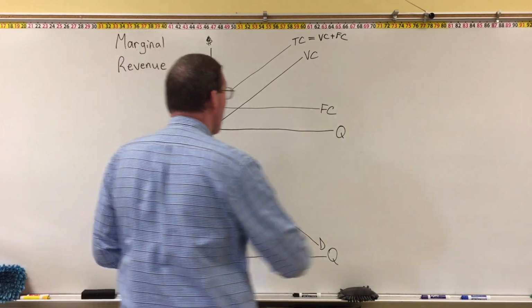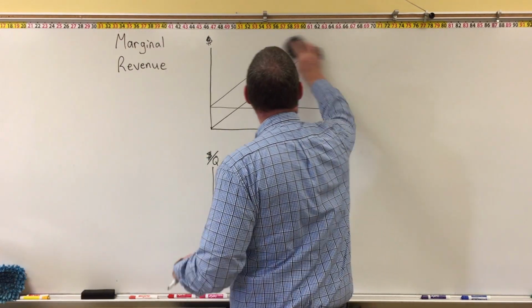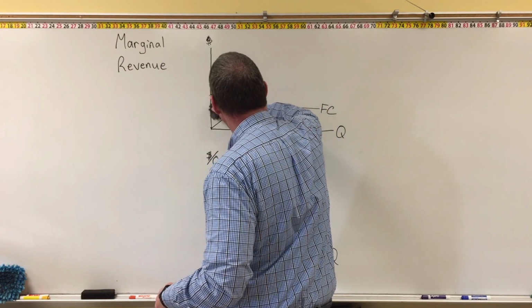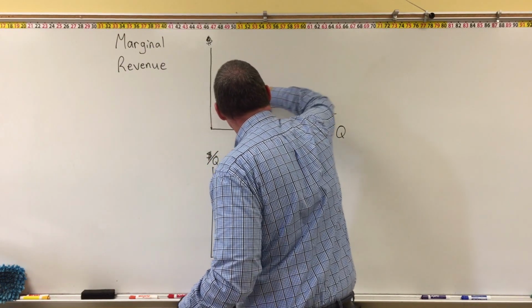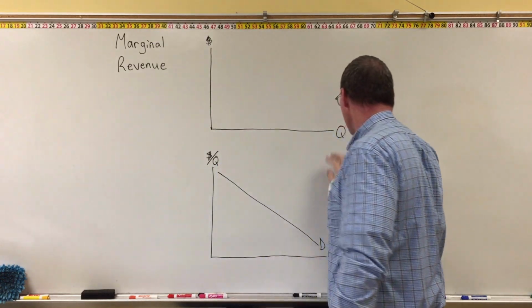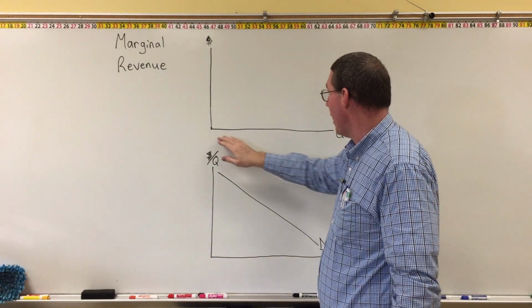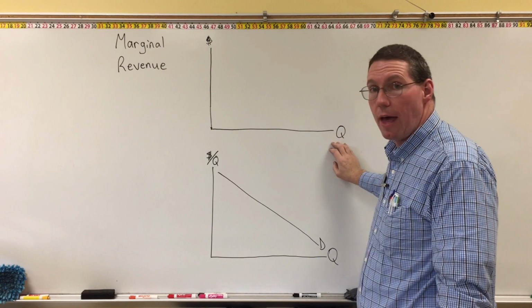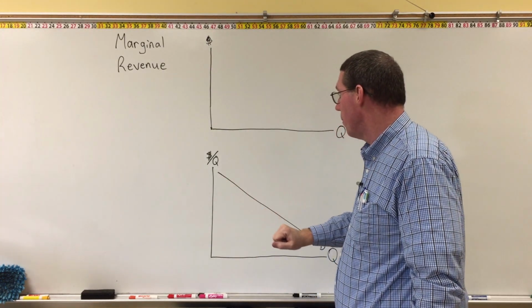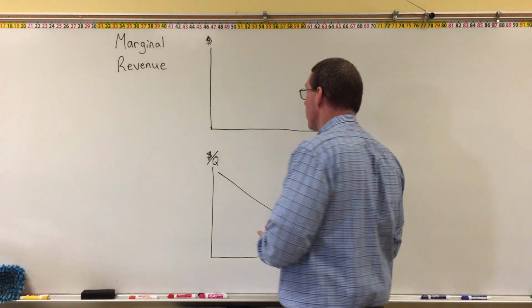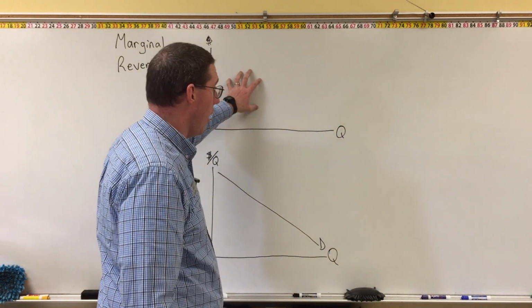So up here, this graph is the total dollars overall paid out based on the quantity that is produced and sold, where down here this is the dollars per unit. Now, I'm not going to draw anything on here yet.